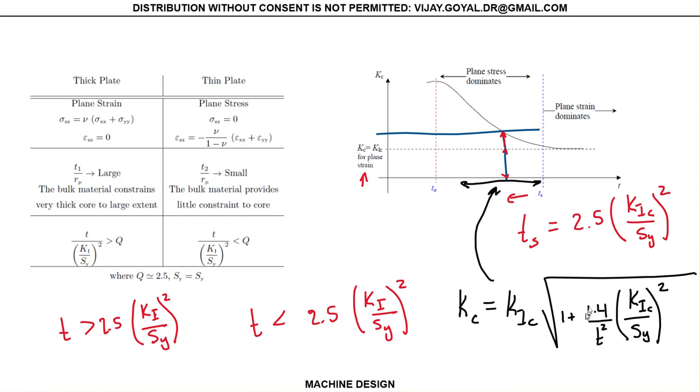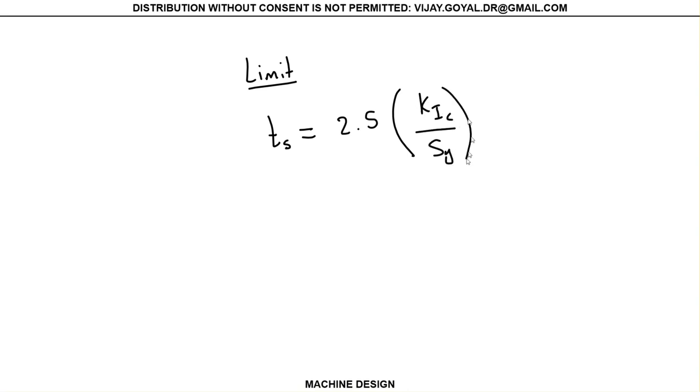But we will do more examples and you probably will understand this better as we move on. So let me summarize a few things here before we move on. So your limit value, you're going to check your t. Your transition t is given by KIC over sigma yield, squared. If your t is bigger than or equal to TS, then just use the value KIC from the table.